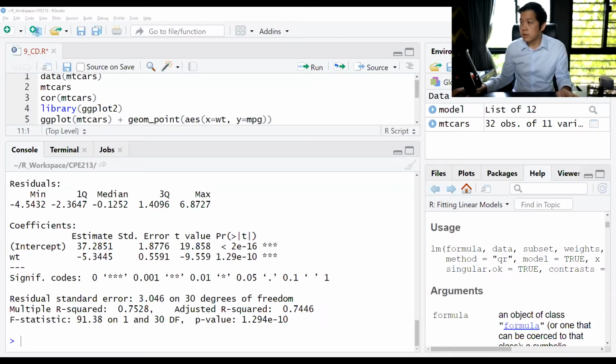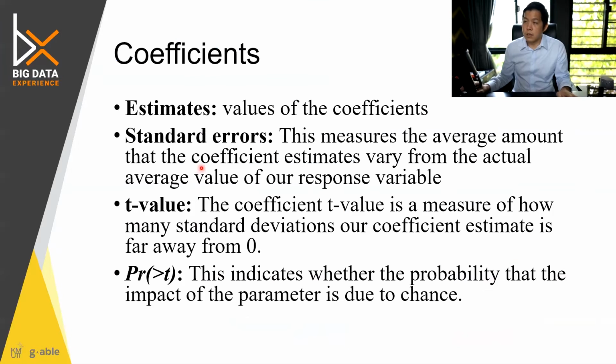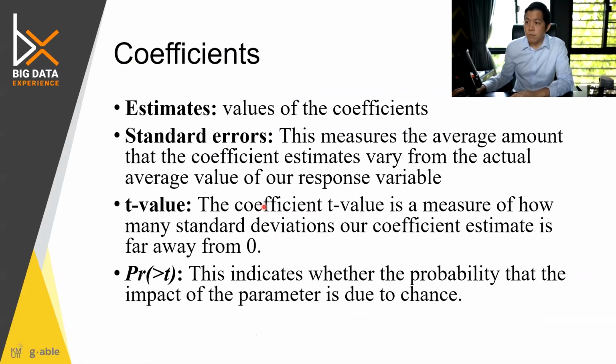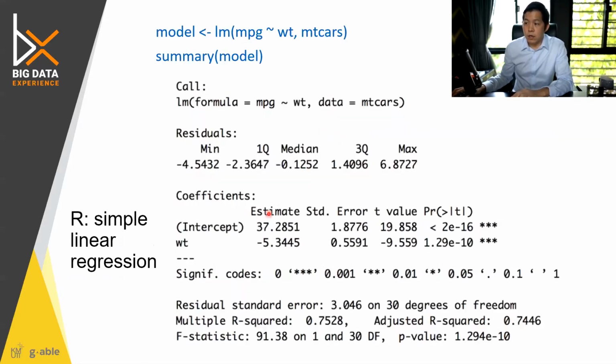Let me switch to this one. Okay, so the explanation of these coefficients. We have estimates. These are the values calculated from the formula. The three values here, you can understand them if you have already learned about hypothesis testing.